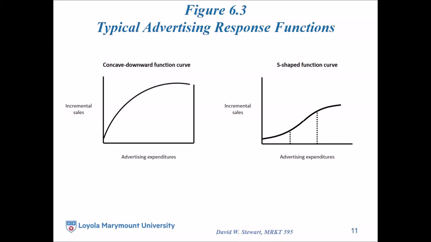The reason for this initial lack of effect is because in the face of competitors, there's a lot of clutter out there, and you have to do enough to break through. So you'll hear people in the advertising business talk about breakthrough advertising. What they really mean is that they've managed to get people's attention. Could be by virtue of the message, could be by virtue of just spending a lot.